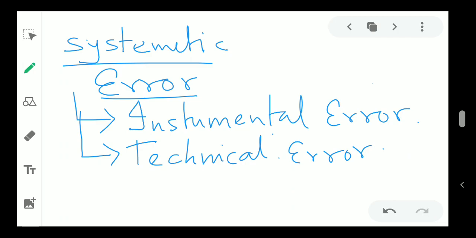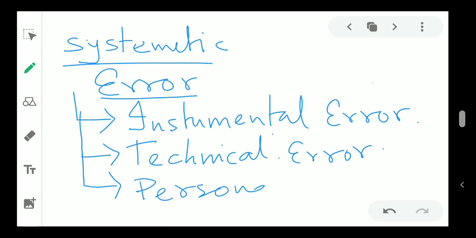That can cause your actual data to fluctuate from the actual measured data. Also, one more thing happens generally most of the time, that is personal error.